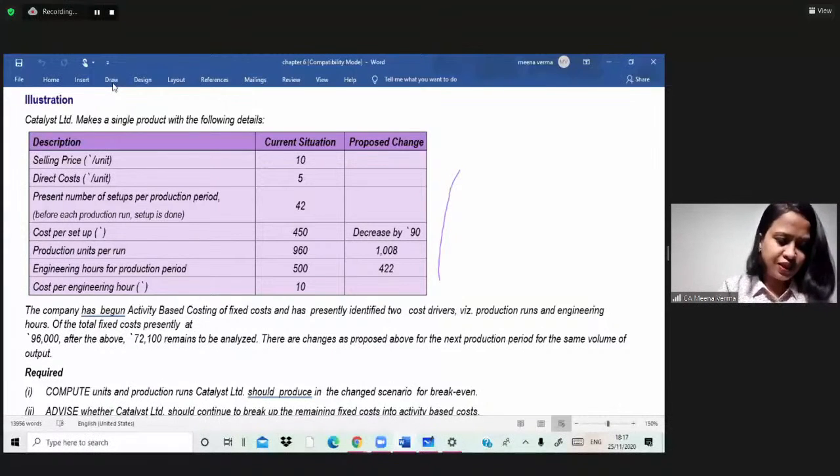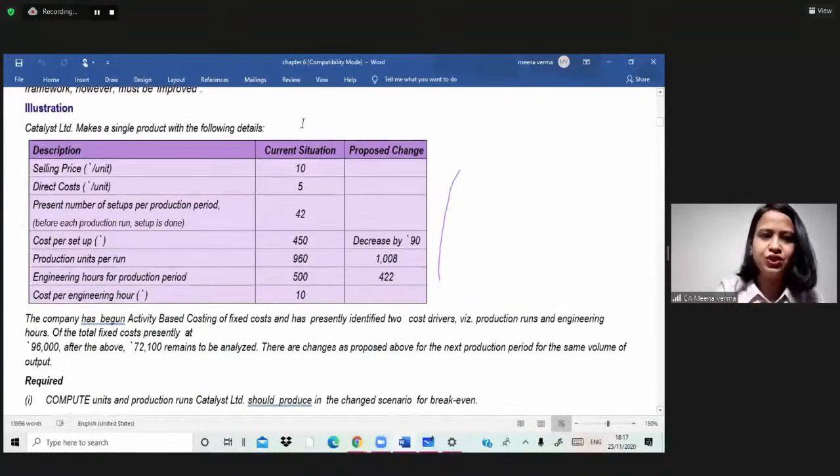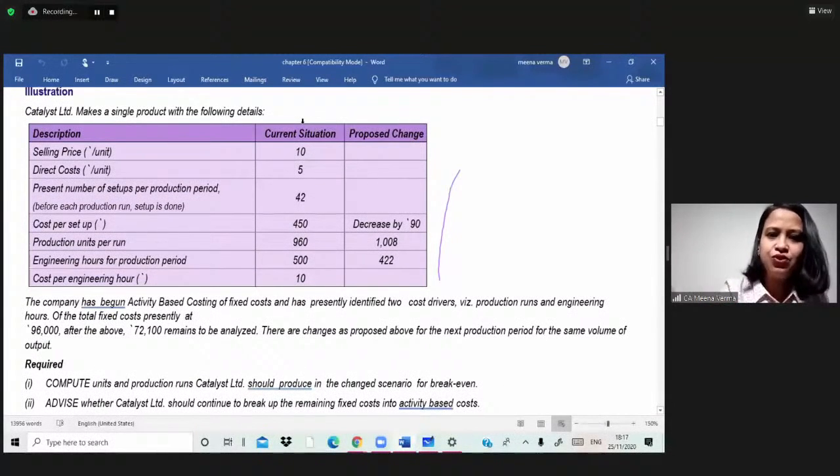Okay, now let us understand this question. See what information we have here, information which is related to the current situation. The information related to the current situation is the selling price.